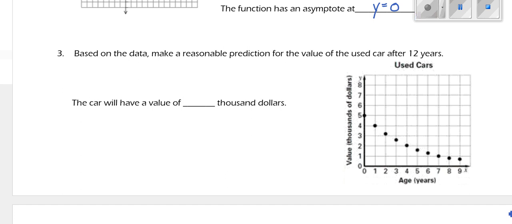Okay, number 3, based on the data, make a reasonable prediction for the value of the used car after 12 years. So looking at my graph, I am going to make a reasonable function for my graph. So my initial value is 5.